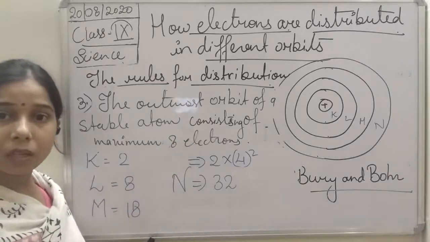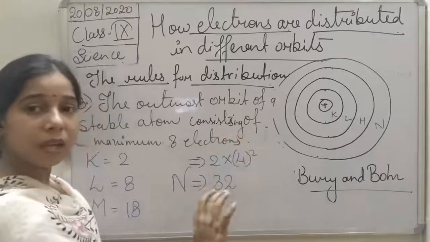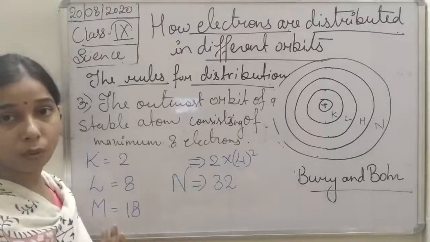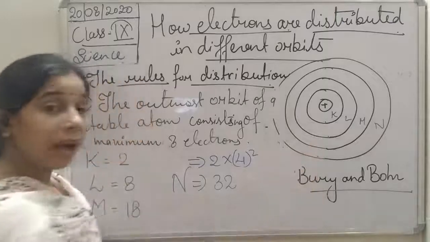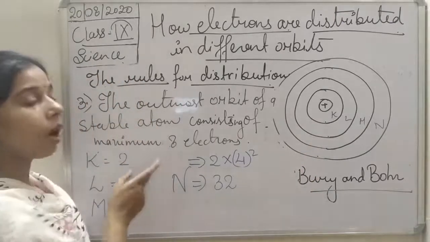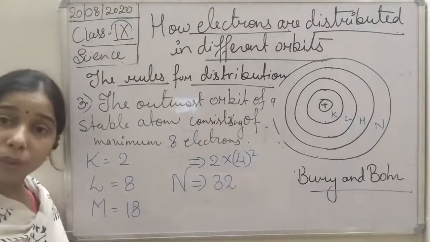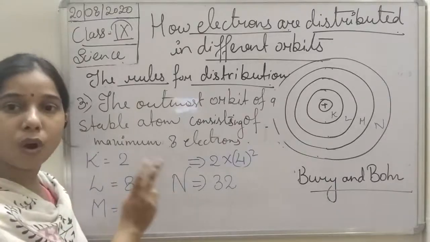Now you can see here, students, if we talk about the L shell, the L shell consists of 8 electrons. So for that it is okay. But what about the M shell, students? The M shell can accommodate 18 electrons. But when we talk about a stable atom, its outermost orbit, even if it is an M shell, must have 8 electrons only.